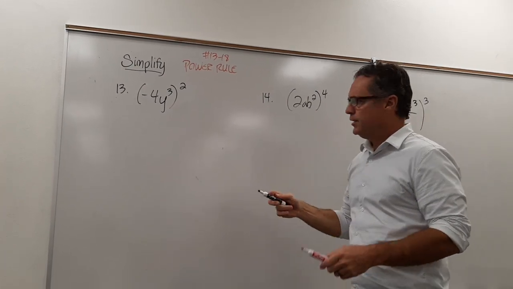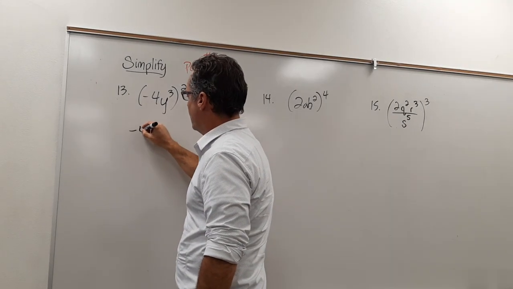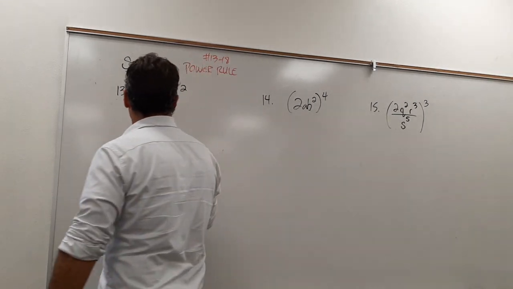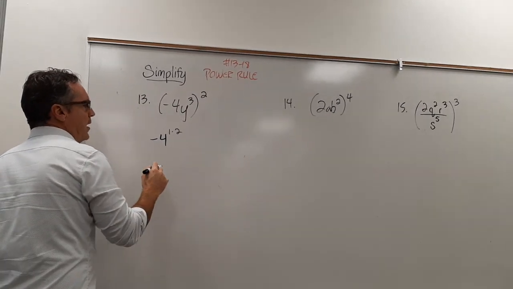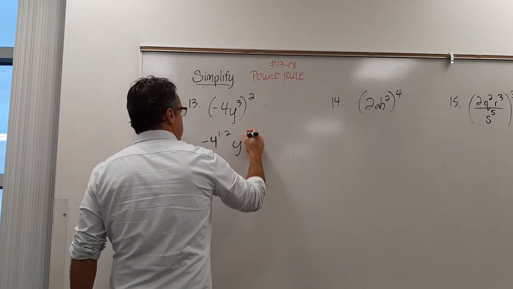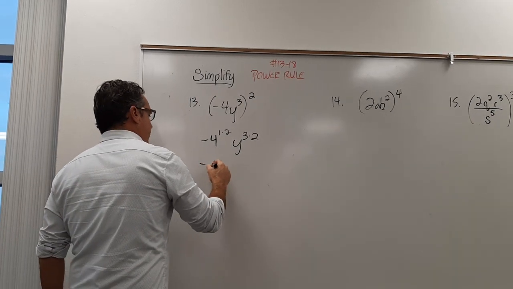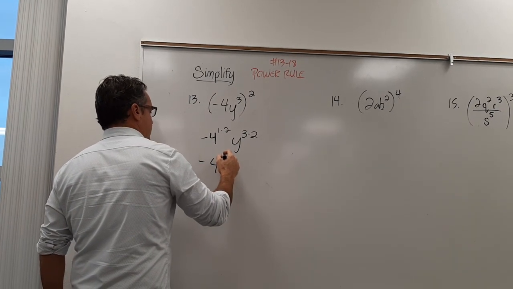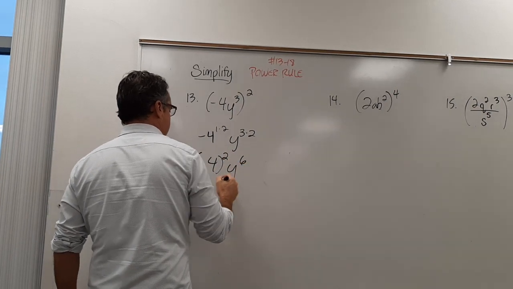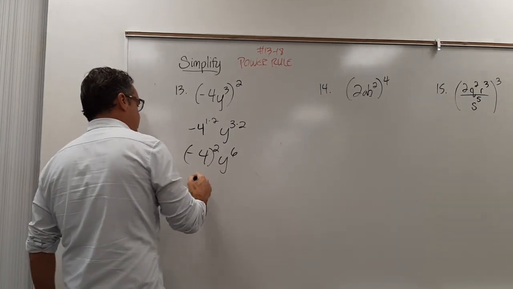So the first one I want to do here is this. We have negative 4, which is to the 1 power, which we're taking then to the second power. And we have y to the third power times the second power. And then we talked about this in class. Negative 4 to the second power and y to the sixth. Well, if we multiplied it, a negative 4 and a negative 4 would make a positive 16.